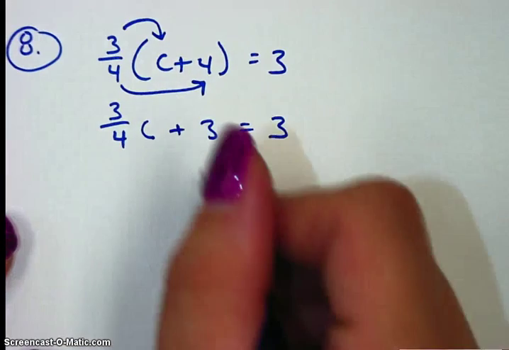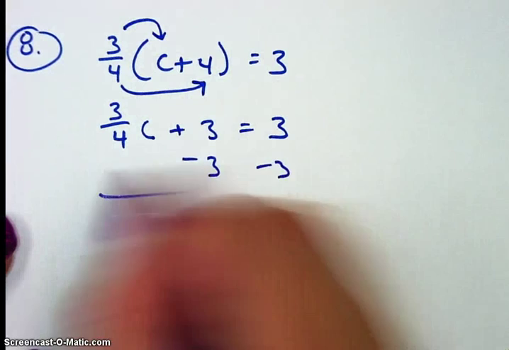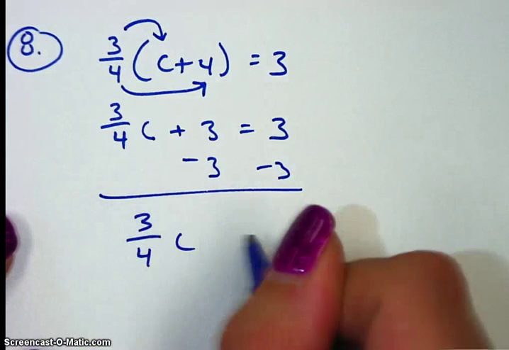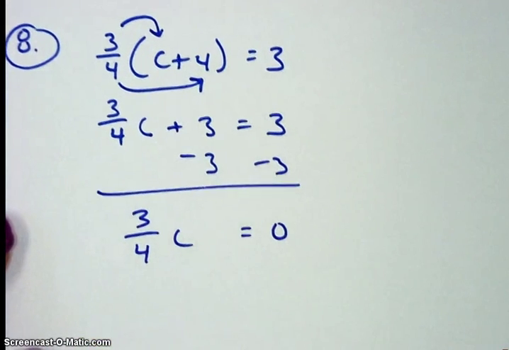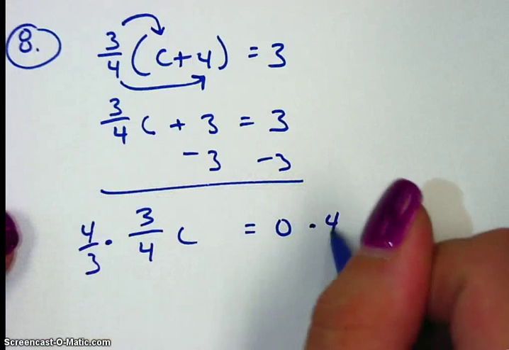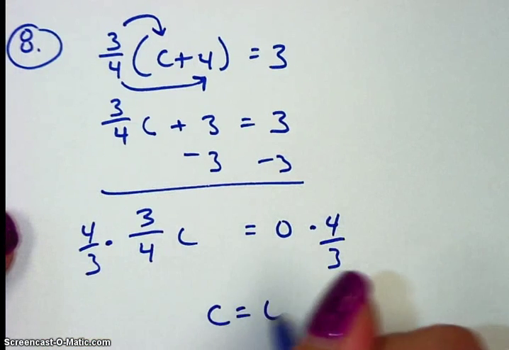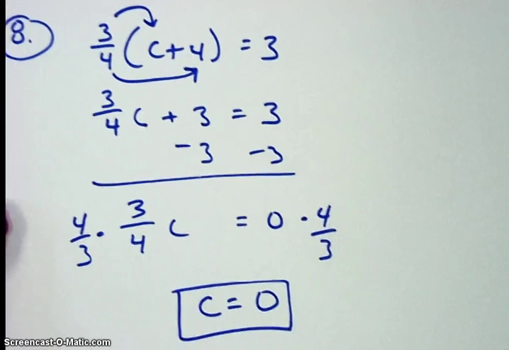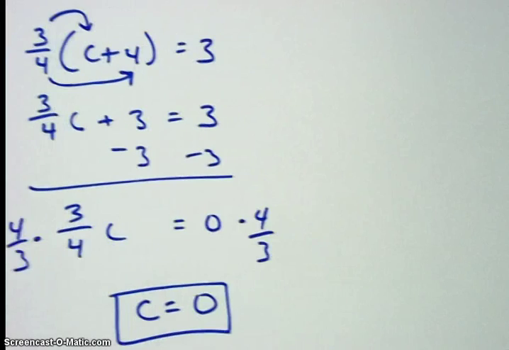Okay, then you would subtract 3. So 3/4 C equals, well, that's 0. Make sure you write the 0. And then multiply by the reciprocal. So either way, C equals 0. Remember, 0 is a possible answer. That's one way to do it.